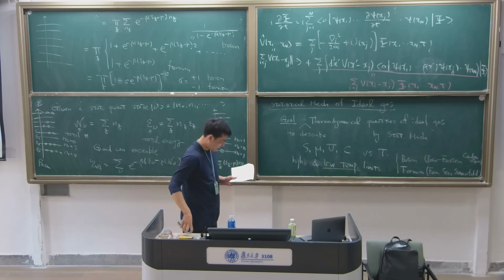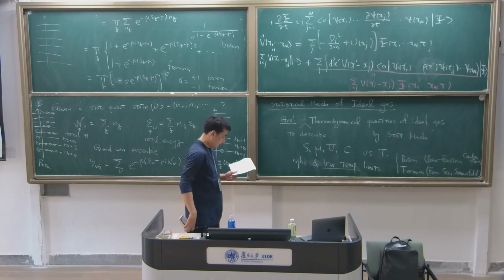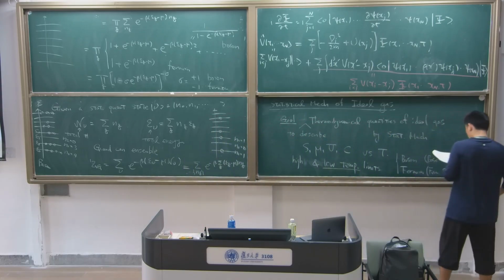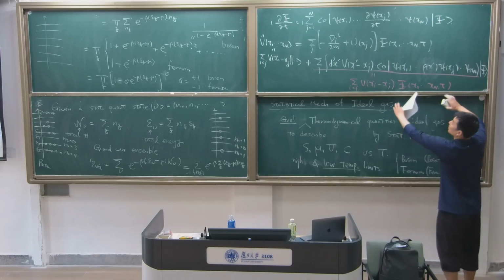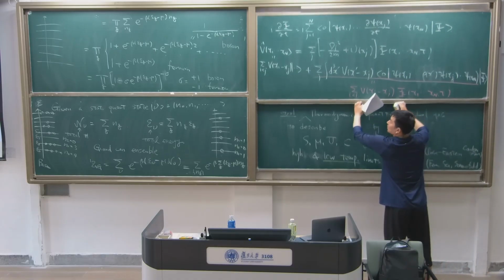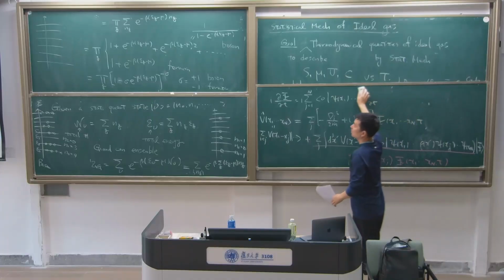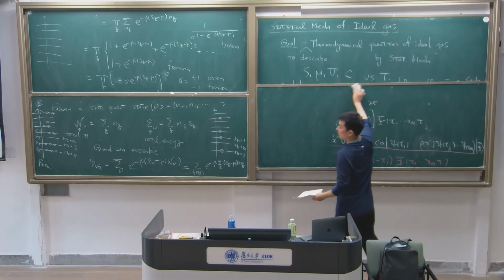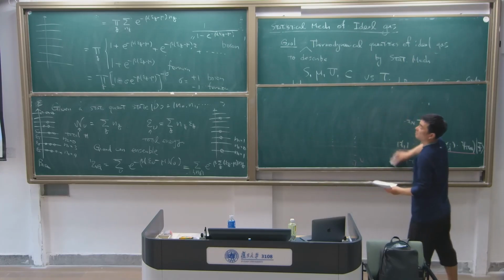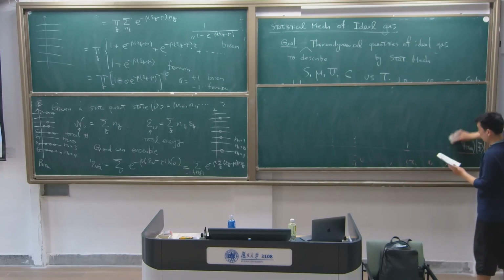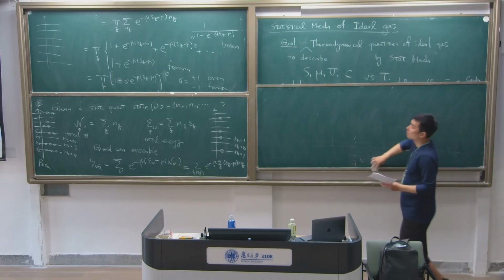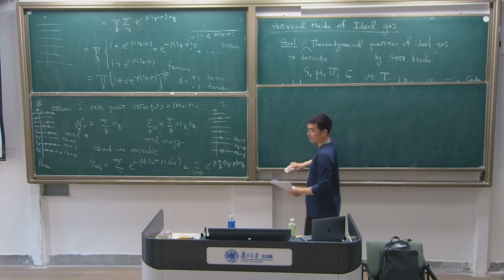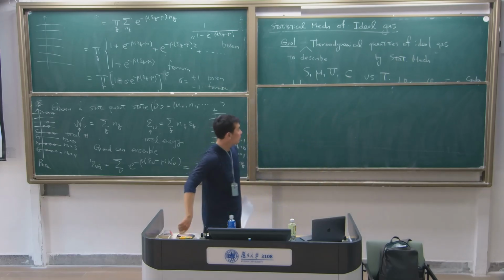And therefore, this is the grand canonical ensemble partition function, and from it you take a log.